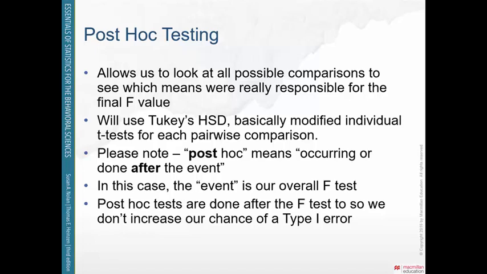So we first do our overall ANOVA, which we have controlled the type 1 error. We set that at our alpha level of, let's say, 0.05. And then if we don't have a significant overall ANOVA, we stop there. But if you do have a significant overall ANOVA, then we keep going, and then we would do the post-hoc testing.